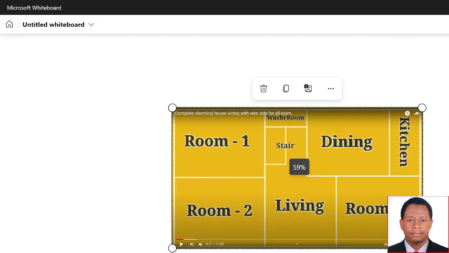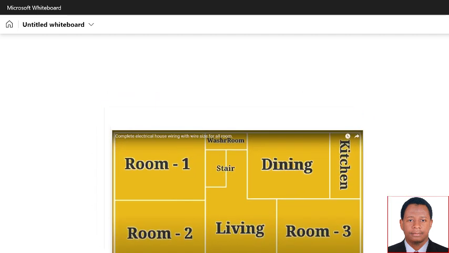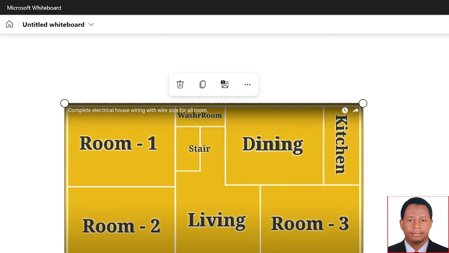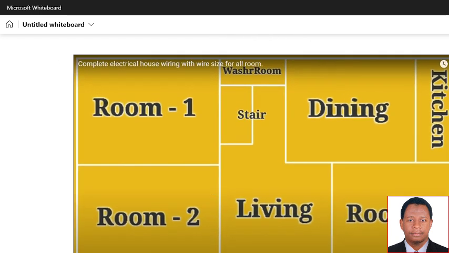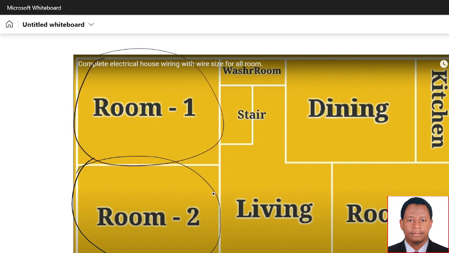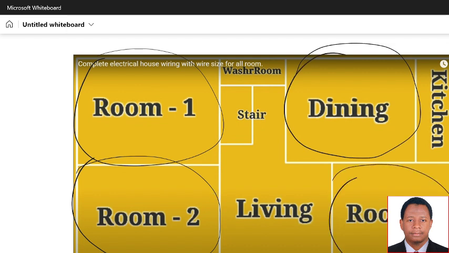We have this room, another room here, a dining room here, room 3, and our living room. So we have the kitchen, some stairs here, and a washing room.